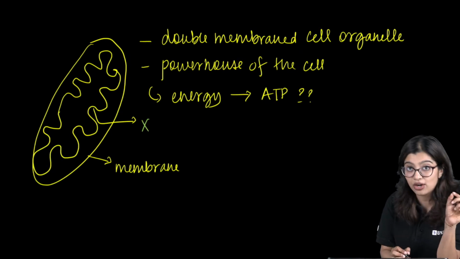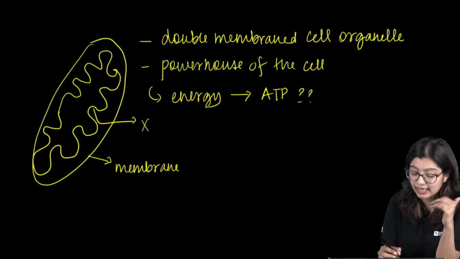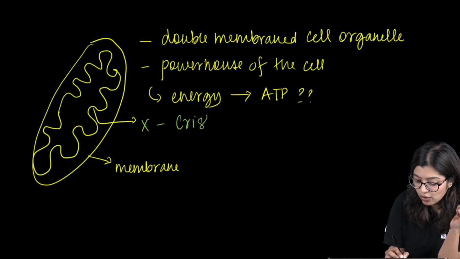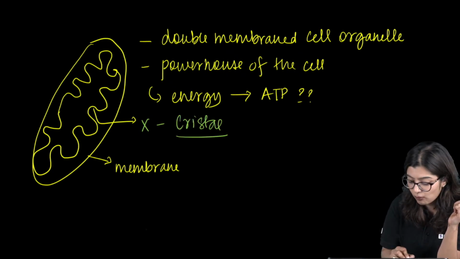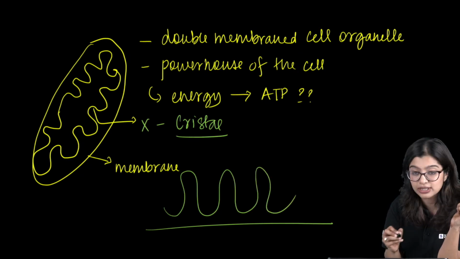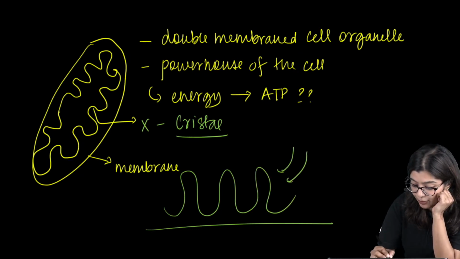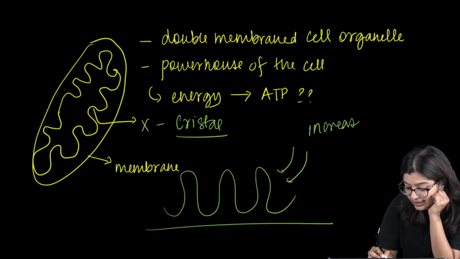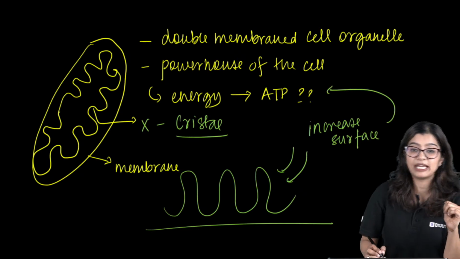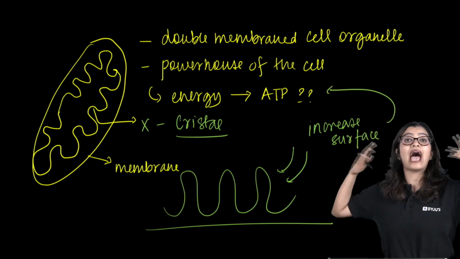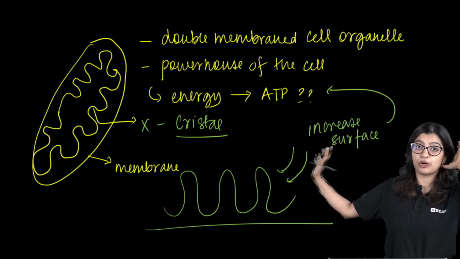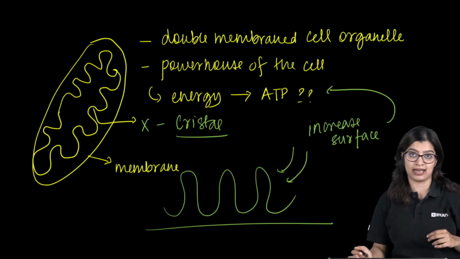The inner membrane of the mitochondria is folded into finger-like projections called cristae. Why are there finger-like projections? Because they increase the surface area for the production of ATP, so more and more ATP is produced.